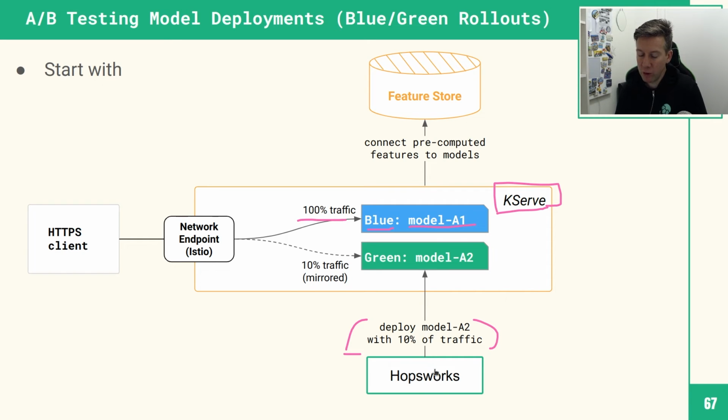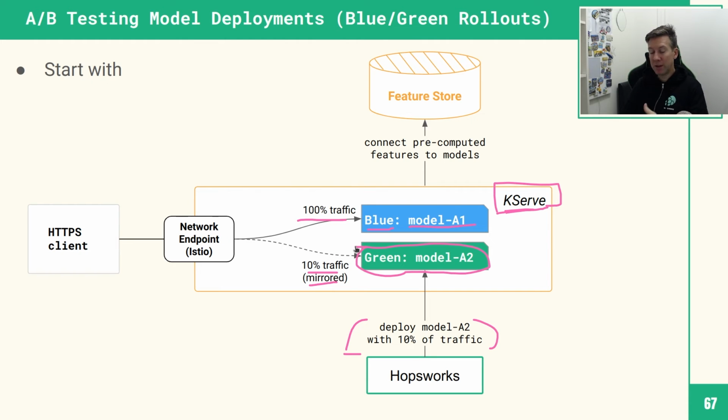So when you deploy it from your API, from your Python code, Hopsworks will deploy that model, and it will tell KServe, hey, this is a blue-green rollout. I'm going to give 10% of the traffic, and it's going to be mirrored. So the 100% keeps going to the blue model, but 10% gets sent here to the green model, because we're going to just see how this model performs. So in this case, the model can log the prediction results and log any other outputs that it has, maybe some pre-processing as the request comes in, or getting features from the feature store.